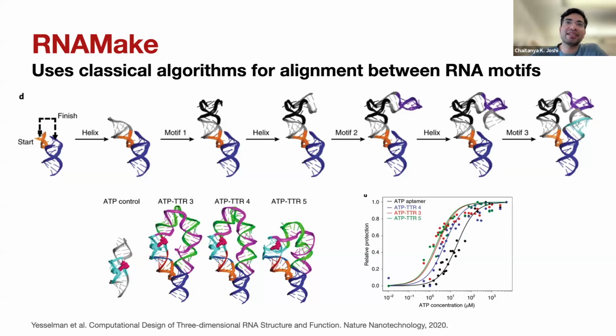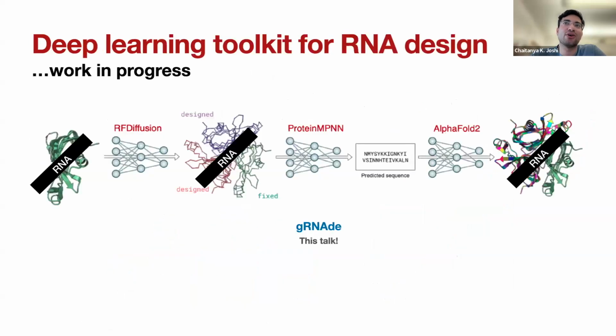One limitation of this older class of tools could be that they're based on heuristics which are hand engineered. So they may not be generally applicable, or it may be interesting to learn RNA design heuristics in a data-driven fashion, which our work and others' work is building towards, in what I see as an emerging deep learning based toolkit for RNA design.